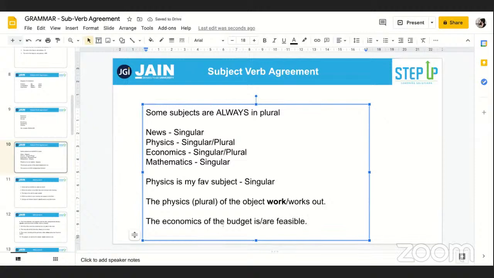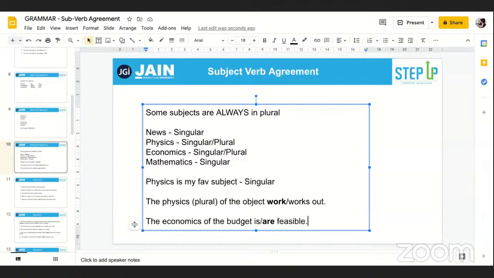Which one is it? Is feasible. The economics of the budget are feasible. Sir, can you explain why, the physics of the subject? I will explain. The second one. The physics of the object works out. Yes, sir. But why? Yeah, I'll tell you. That's what I'm telling you.